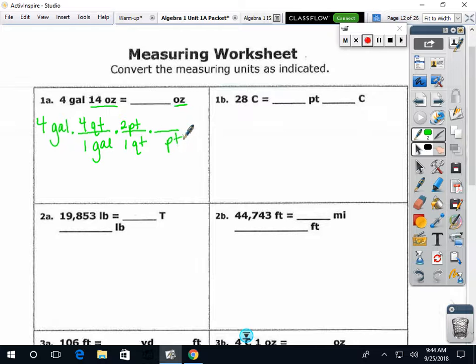And what do we know about pints? Right, 1 pint is 2 cups. And then we put cups in the bottom, and we know that 1 cup is 8 ounces. Okay, now we have made it to ounces, so we cross out all the other units. And we multiply straight across. 4 times 4 times 2 times 2 times 8. And what do you get?